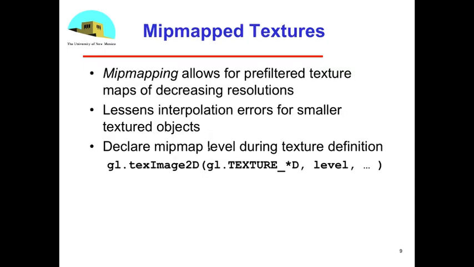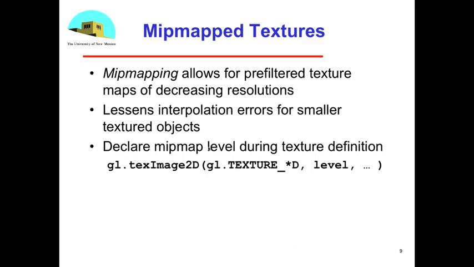So remember, MIP mapping allows us to have textures at various resolutions so that we can be much more efficient. If something is going to project into a small area, we don't want to put a high resolution texture on it, because that's all going to get averaged out or sampled in the rendering process.